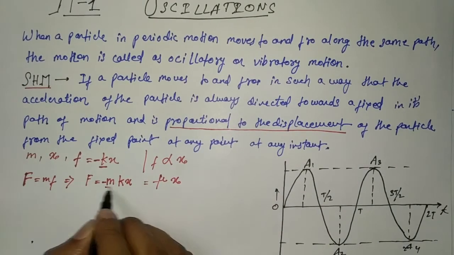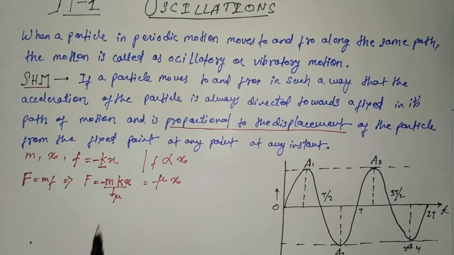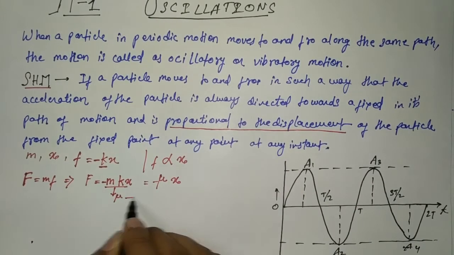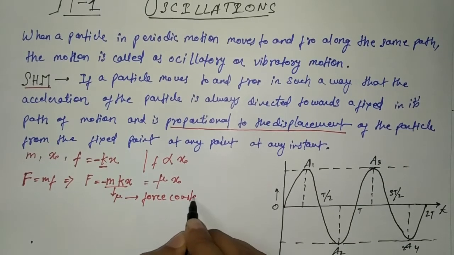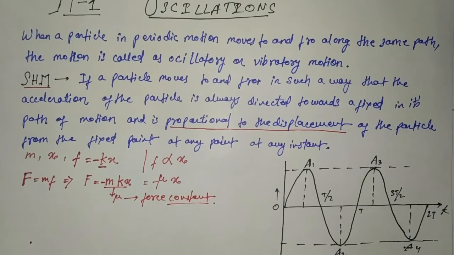Here we consider mk as mu. It is the force constant, representing the restoring force per unit displacement of the particle. So this is the equation that we were looking for.